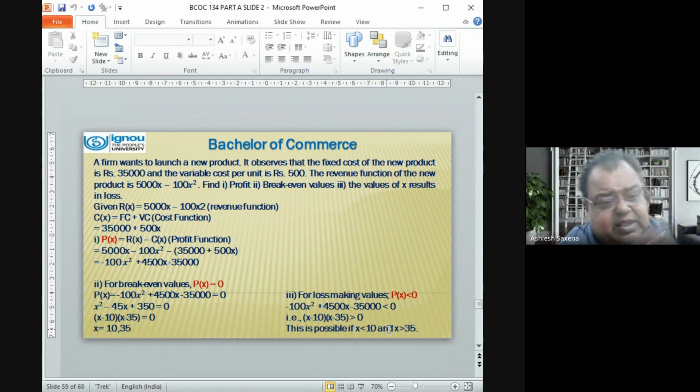Here you get x equal to 10 and x equal to 35. For loss-making values, profit should be less than 0. You will see that if x is less than 10 or x is greater than 35, in that condition only loss will occur.